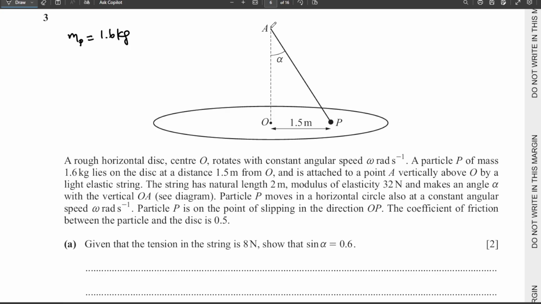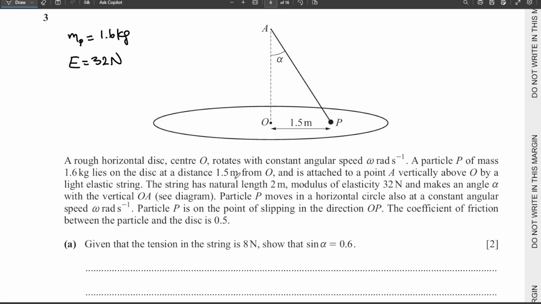And it's attached to A, vertically above O, with a light elastic string. So this string can be approximated to be a spring, basically. So a modulus of elasticity 32 newtons. So I also write it down, modulus, Young modulus 32 newtons. And it makes the angle alpha with OA.